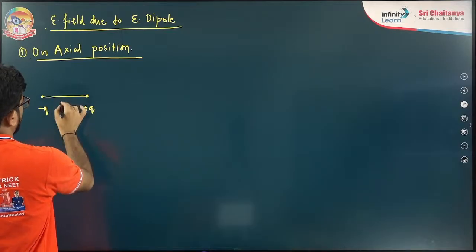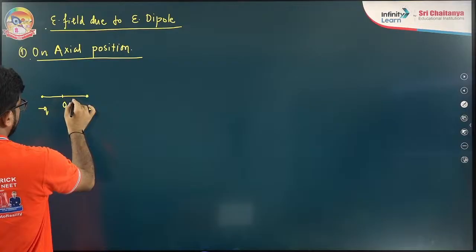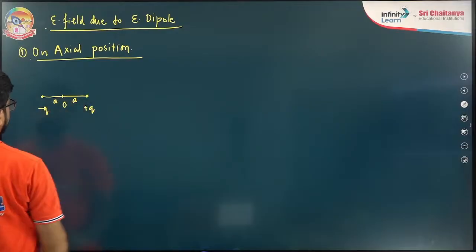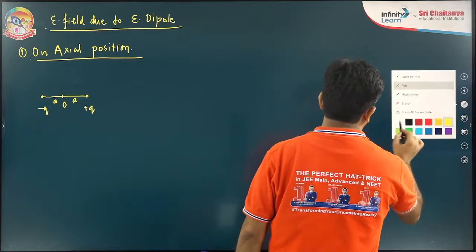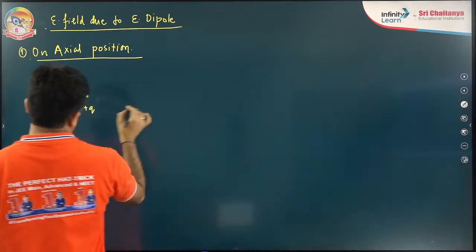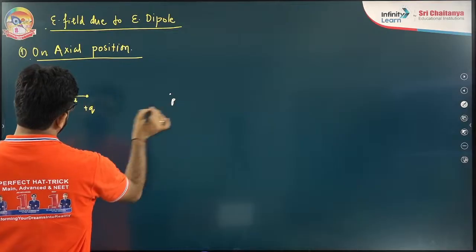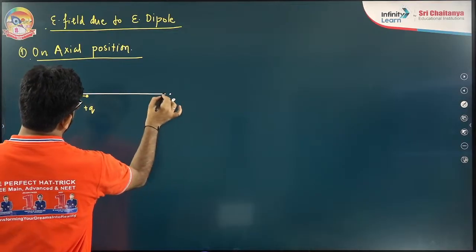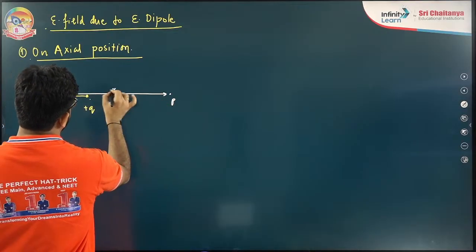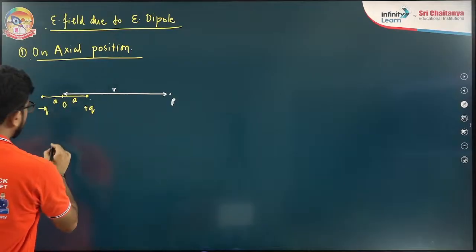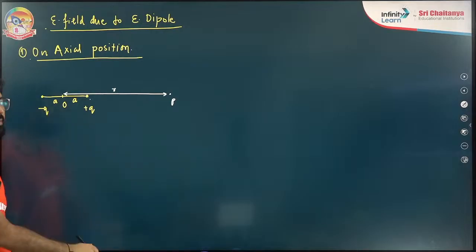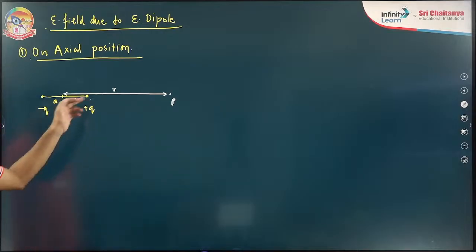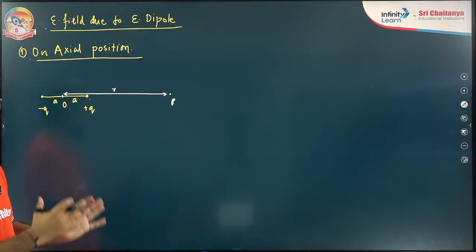This is the center of dipole, and this distance I am taking as A, and this is also A. From this center of dipole, I am taking a point P here, and this separation from the center to P is R, and the value of R is given to you. At point P I want to calculate the field, that's our concern.